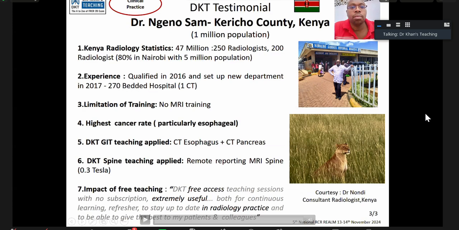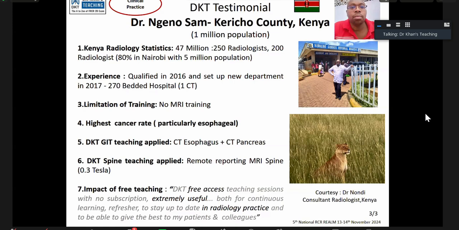He was the one and only there, and he did not know many things. For example, the Rift Valley of Kenya has the highest rates of esophageal carcinoma and pancreatic carcinoma. As radiologists, we stage cancers there and tell the surgeons if a patient is operable or not. But he did not receive that kind of teaching. He says that he learned it from us and he is applying it on patients.